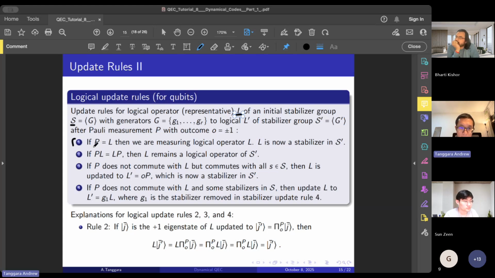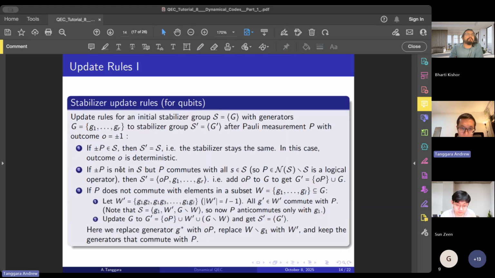But in this first case, we're doing a logical measurement. So the value of L is now fixed, right? Because we see this outcome O, and we just put it in the new stabilizer group. That's from the previous rule, rule number 2.